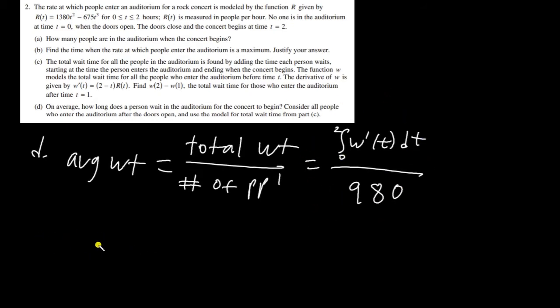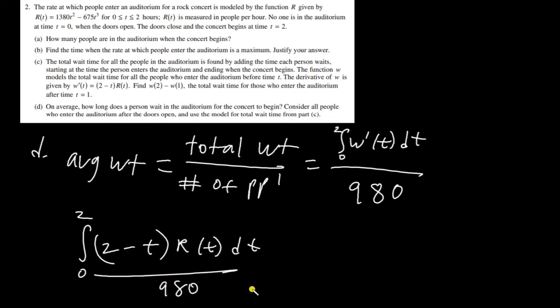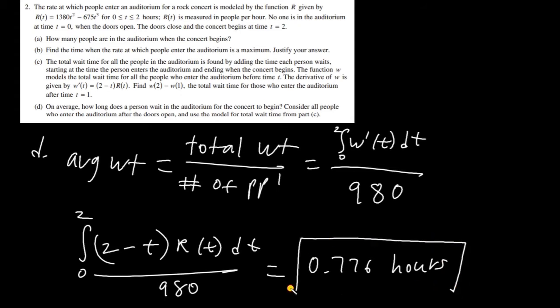So if you just evaluate the integral from 0 to 2 of 2 minus t times R of t dt, and you divide that by 980, you will get your correct answer of 0.776 hours. Okay? And obviously, it's in hours because our time has always been measured in hours. Okay? That was a 2-point question again. 1 point for the setup and 1 point for the answer.